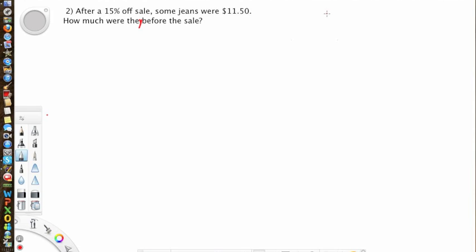Well, we know that the discount plus the sale price is going to be equal to the original or regular price.